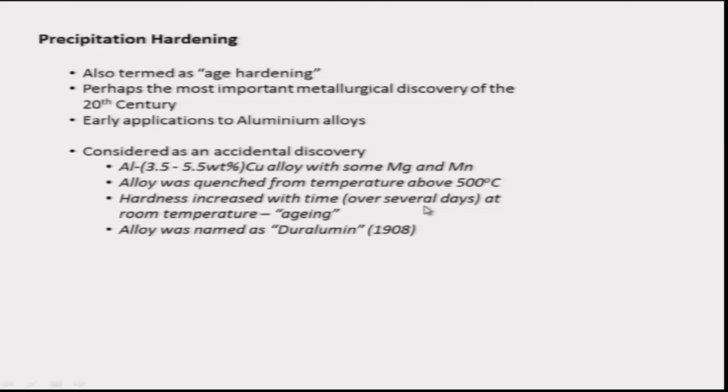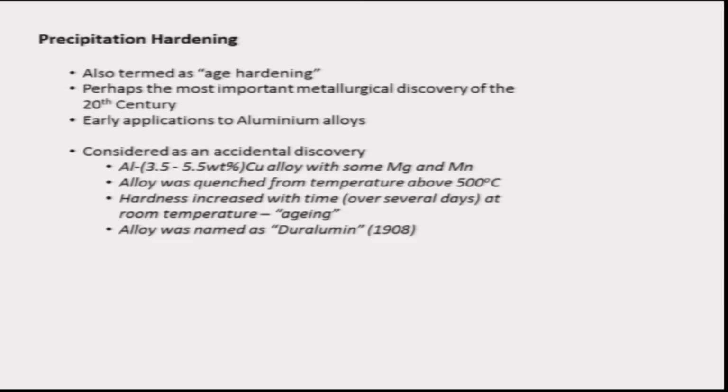Of course, it took several days for the hardness to increase, and in fact the material was aging and getting harder. It was such an amazing discovery that it immediately had commercial applications, and the particular alloy was named duralumin.